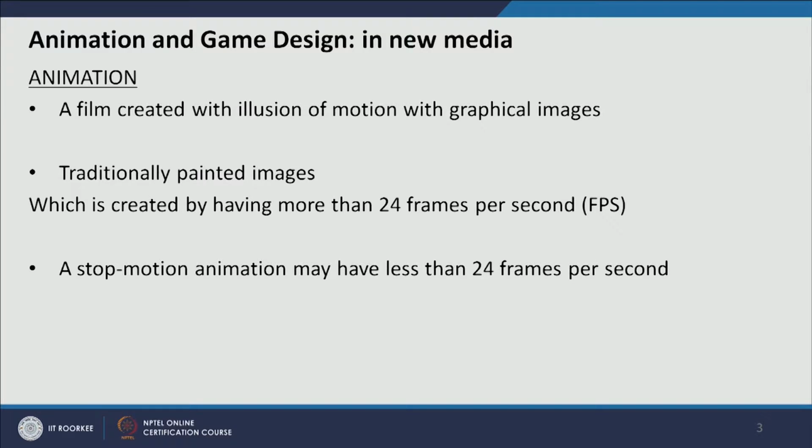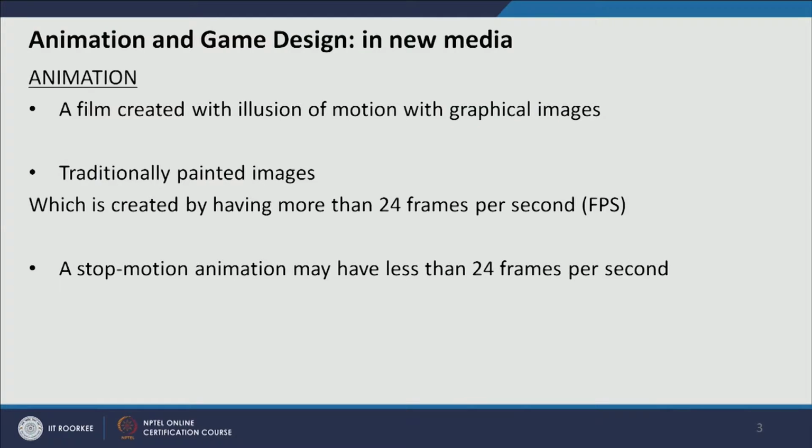So animation, as we all know, is a film created with the illusion of motion with graphical images. So there won't be any real actors and actresses and the real natural setup. Right now in today's paradigm, it is digitally created.